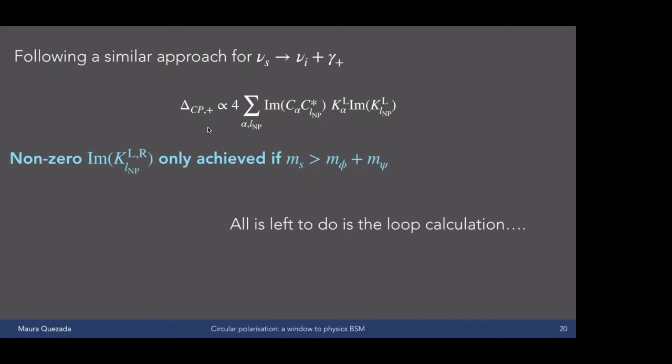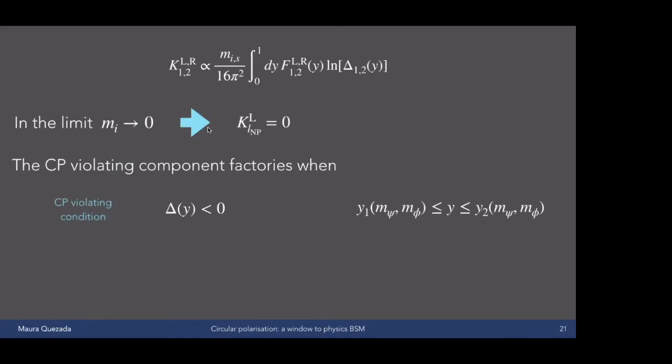And of course, I'm not going to go into details of how to compute the loops. But in general, the form that we obtain in these loop integrals, after integrating over Feynman parameters, is a function, usually a logarithmic function as well. This will depend on the masses of the new particles and the last Feynman parameter here.